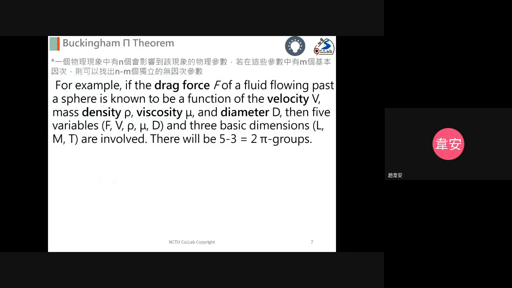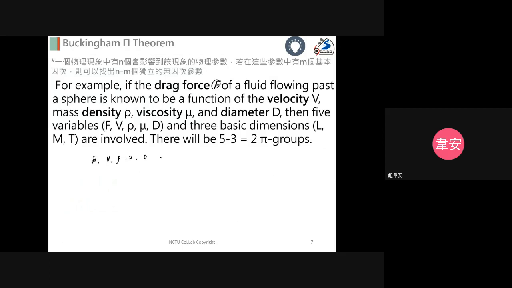So for example, we consider drag force, and we know that the drag force is going to be a function of the velocity, the density, the viscosity, and also the pipe diameter D. So we can count how many variables for our physical problem such as the drag force. 1, 2, 3, 4, 5.